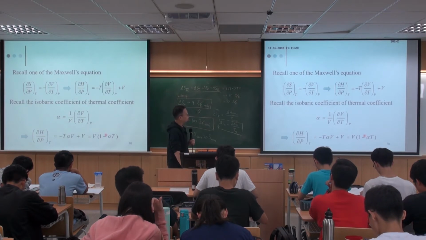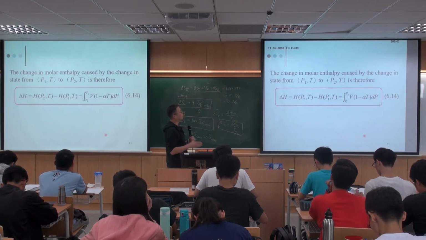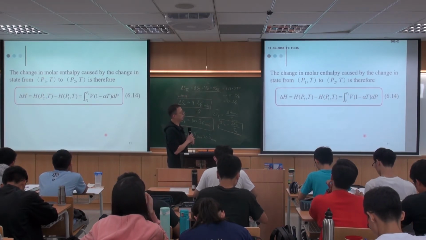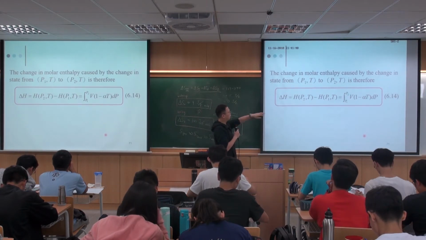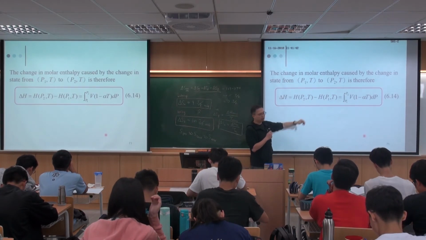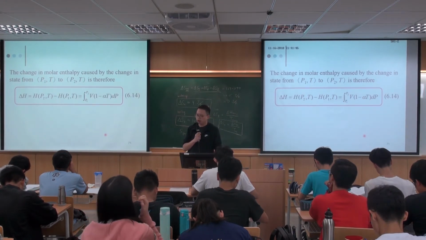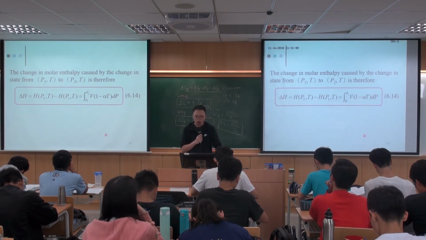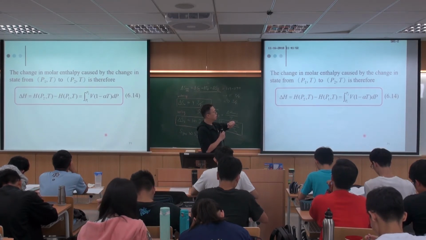And the reason why we bring this up is because if you're dealing with a constant temperature process and you are changing the pressure instead of changing the temperature, this is what we'll get. The delta H based on the pressure change can be calculated by that. And once you know what alpha is, then you can calculate this.